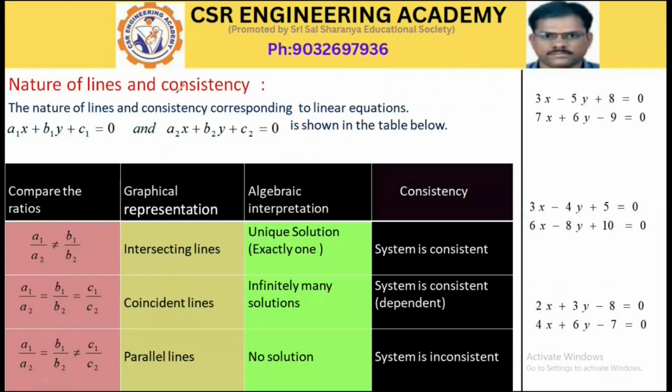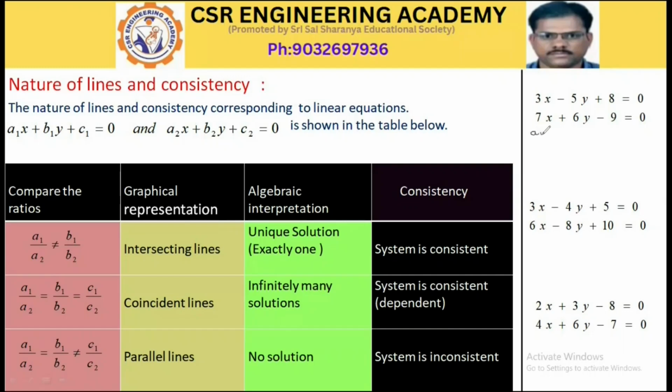Nature of lines and consistency. The nature of lines and consistency corresponding to linear equations a1x plus b1y plus c1 is equal to 0 and a2x plus b2y plus c2 is equal to 0 is shown in the table below. Now consider two equations 3x minus 5y plus 8 is equal to 0, 7x plus 6y minus 9 is equal to 0.